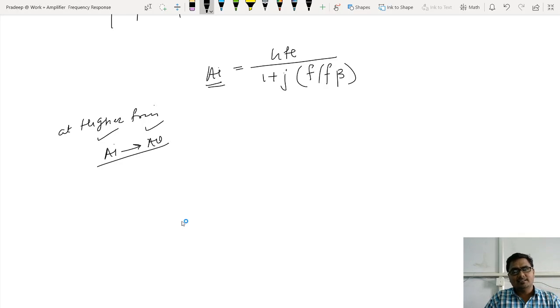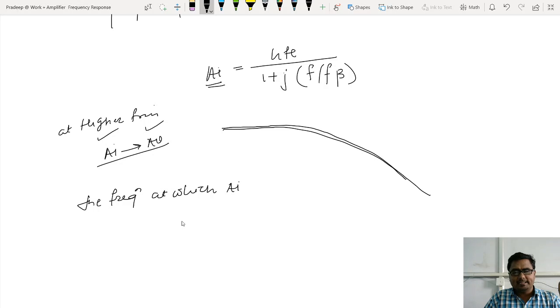As frequency increases, the voltage gain or the current gain starts decreasing. The frequency at which that AI becomes unity, that frequency is your FT.